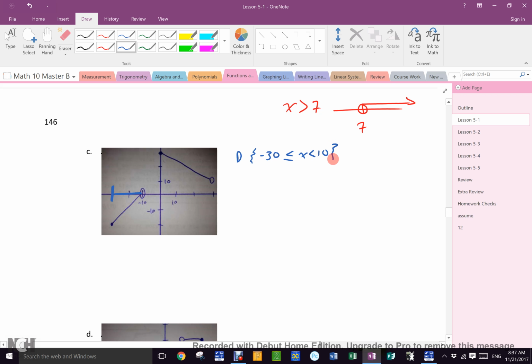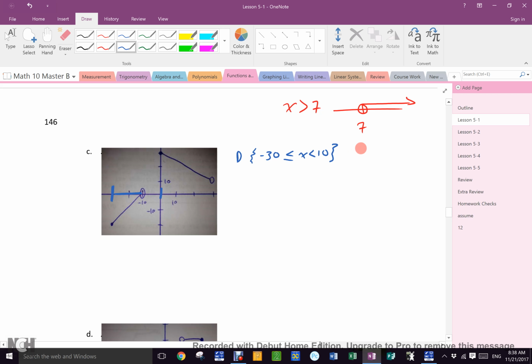Then I put a squiggly bracket because it stopped there, didn't it? Is there any inputs here between negative 10 and 0? Any inputs there? No. But then what starts again at 0? It starts up again, doesn't it? Open or closed dot? Closed.